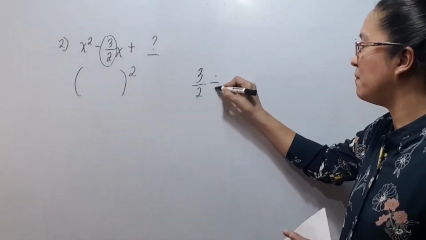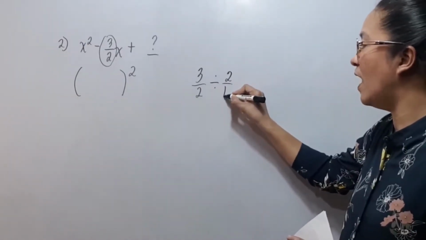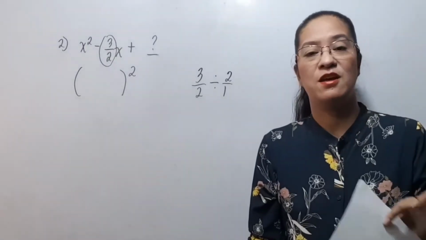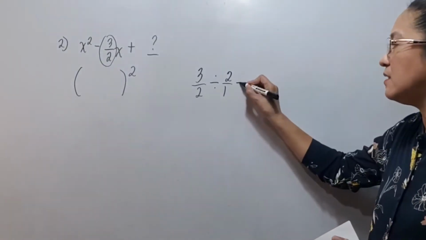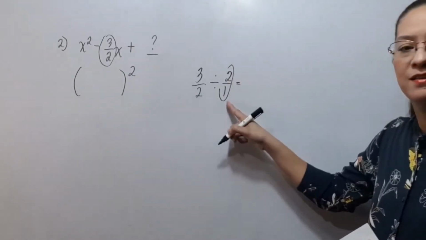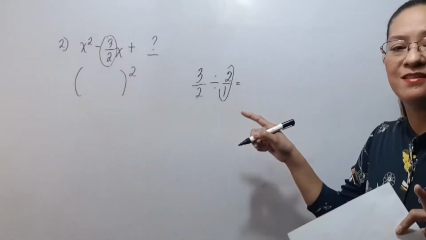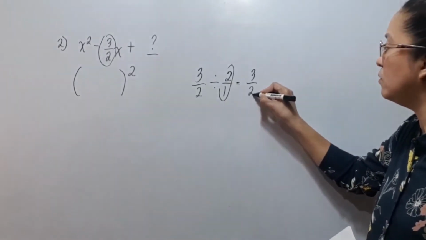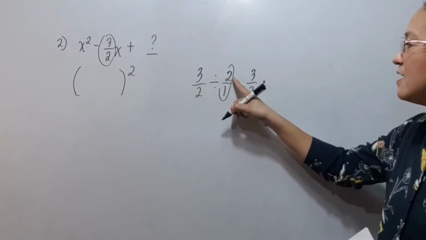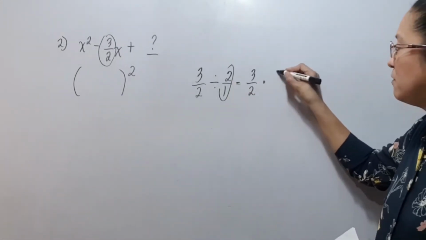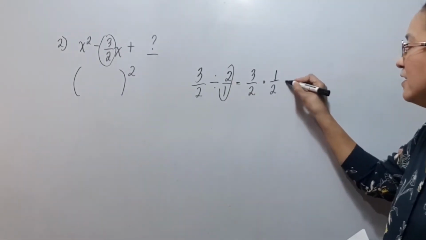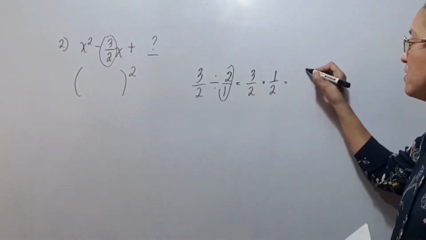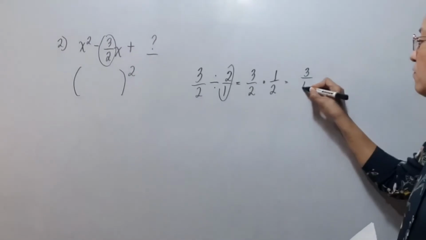Okay, so we divide it by 2 over 1. We know very well that to divide a fraction by another fraction, you will get the reciprocal of the divisor. Okay? And then, proceed to multiplication. So, we have 3 over 2 times the reciprocal. So, the reciprocal of that is 1/2. So, meron kang 3 over 2 times 1/2, which is equal to 3 over 4.